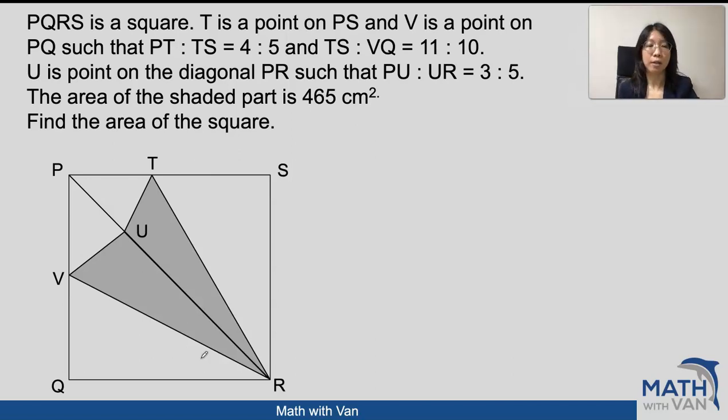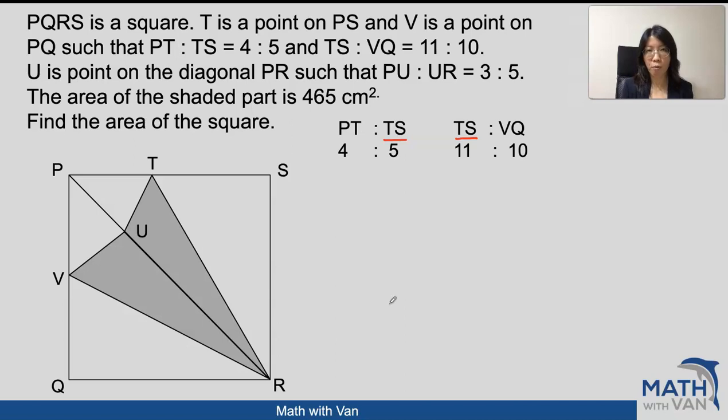Okay, so now we were given the ratio of the length PT and TS, and then another set TS and VQ. What we do observe is that at this stage, these two are not comparable. So how do I make them comparable is what we call the repeated identity here.